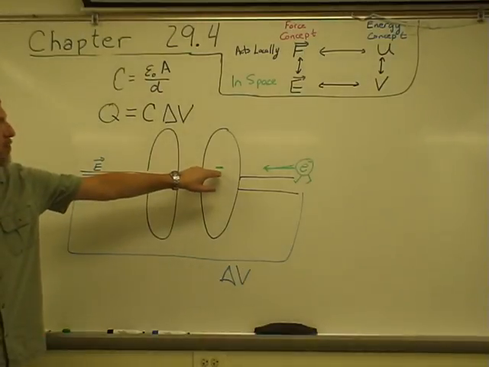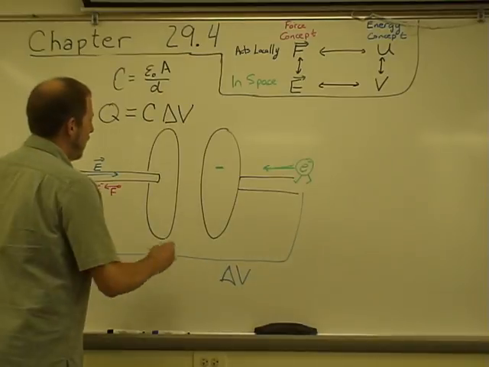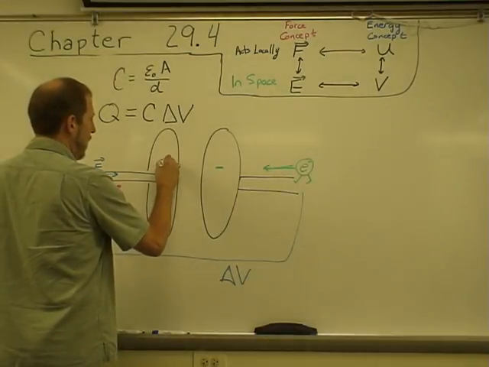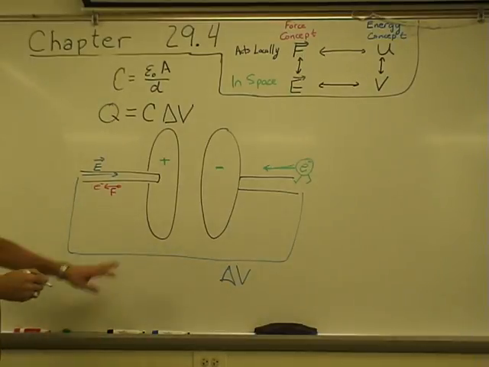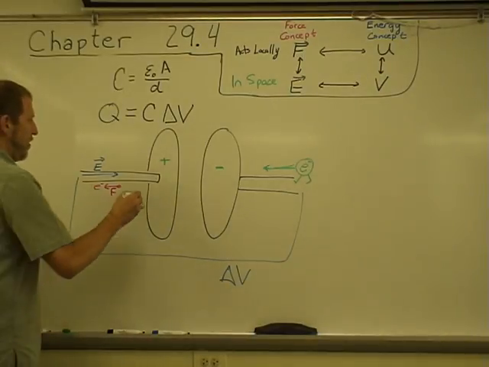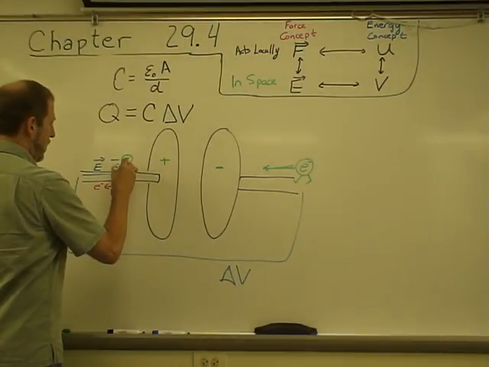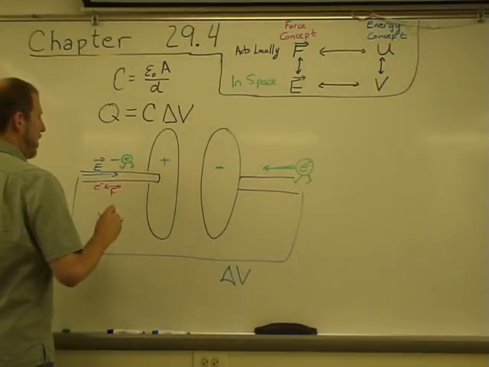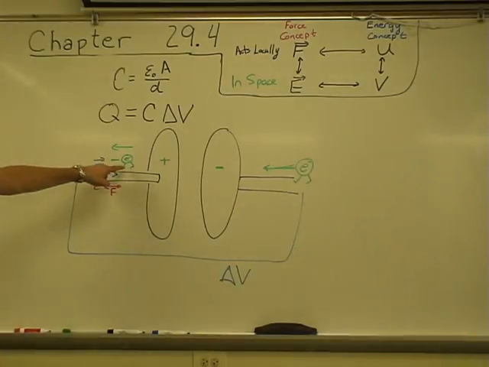But if I have a piece of negative charge here, from what we've done before, that will induce a positive charge on the opposite plate. And since I'm not creating charge out of nothingness, that's going to knock an electron free.